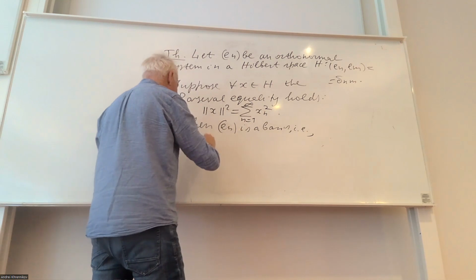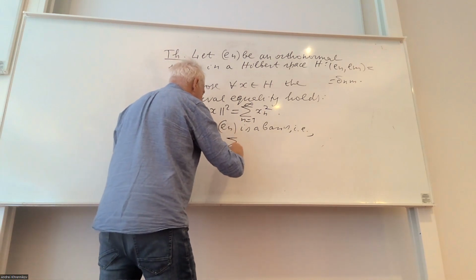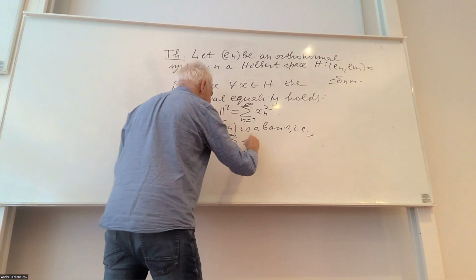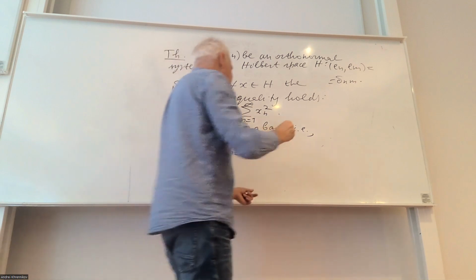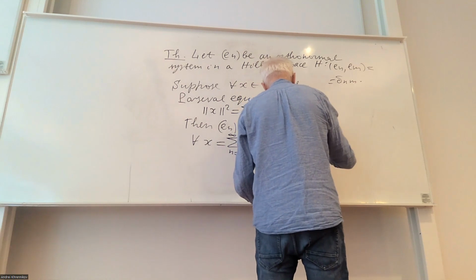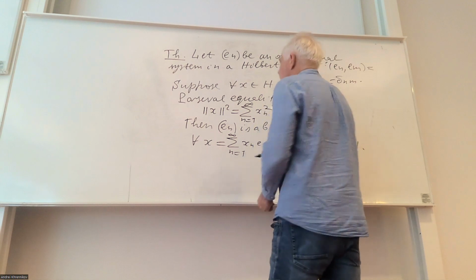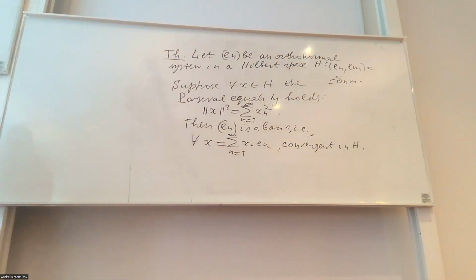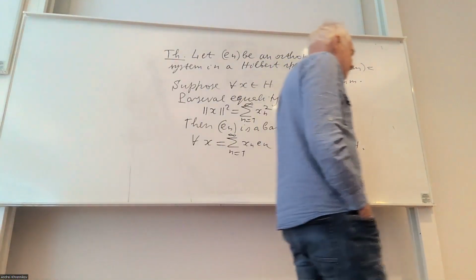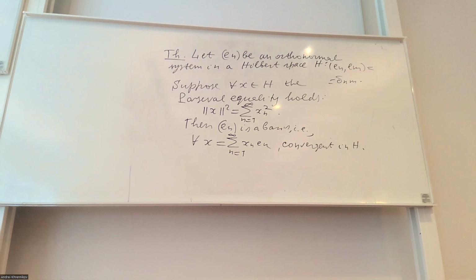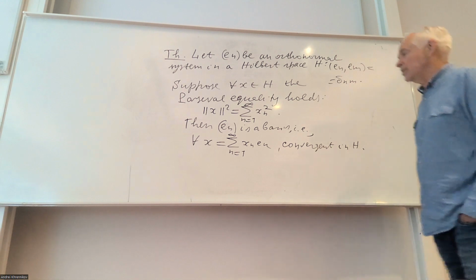So any x can be represented as the sum xn En. Well, this is a convergent series, where the series converges in H. If we take into account the previous theorem, finally we shall get that the system En is an orthonormal basis if and only if the Parseval equality holds. The Parseval equality is a criterion that our system is a basis.